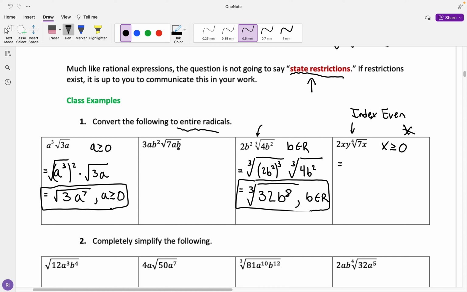The restriction on this one is kind of interesting because you have two variables inside of the radical, and it's not necessarily the case that just a has to be positive or b has to be positive. You actually need a multiplied by b to be greater than or equal to 0.